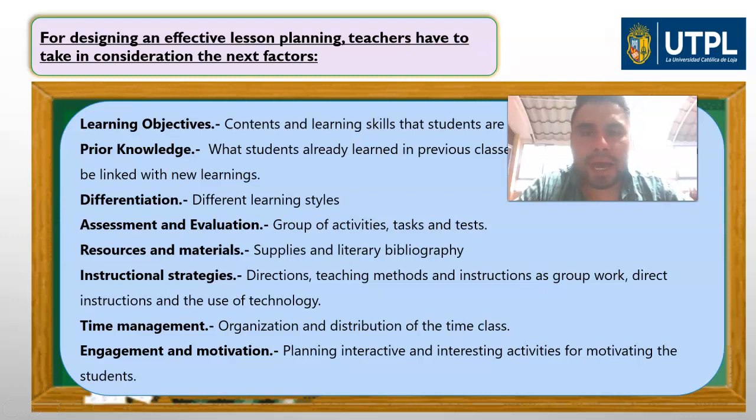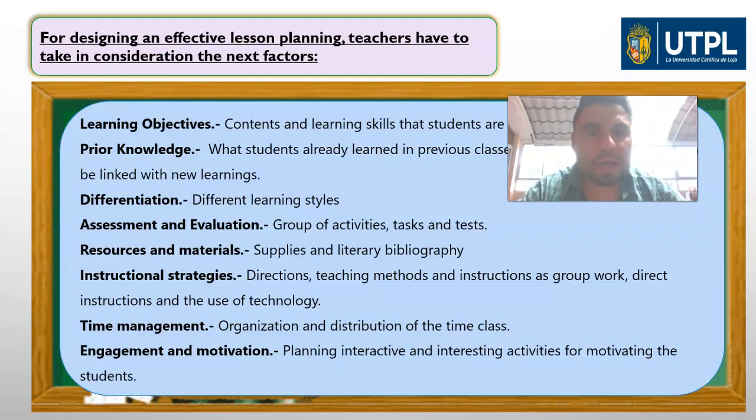For designing a good and effective lesson planning, we have to consider some factors and some important aspects. For example, one of them is learning objectives. Learning objectives are about what teachers and students have to reach at the end of this class.